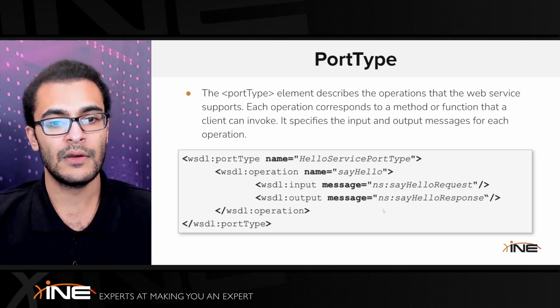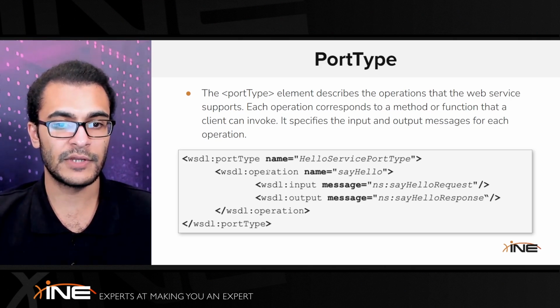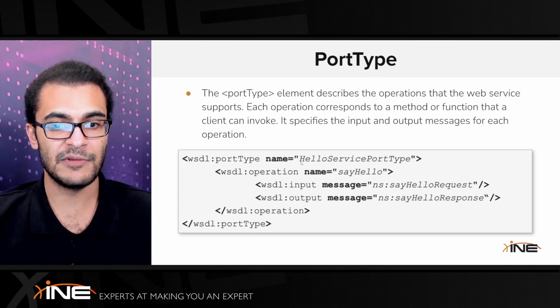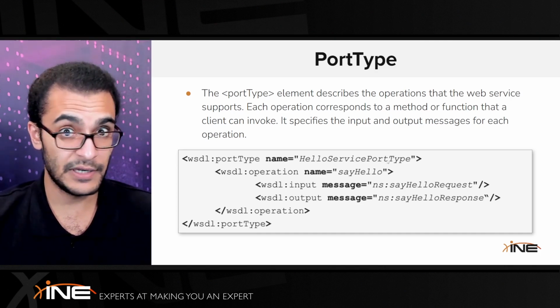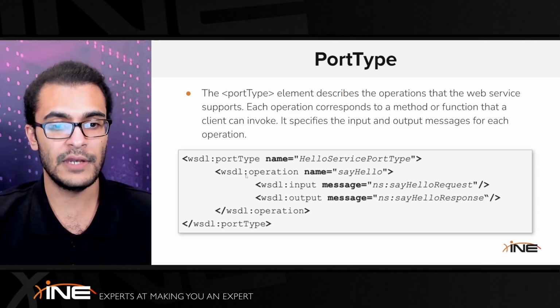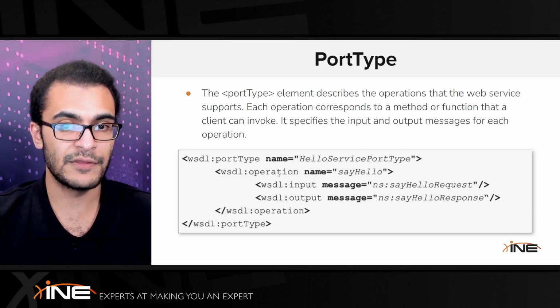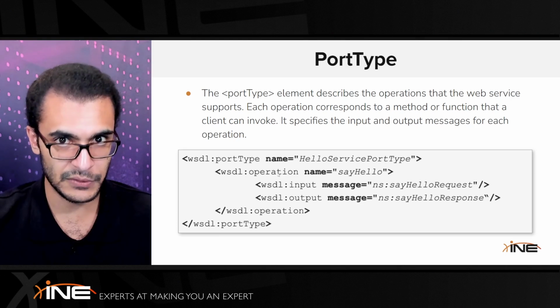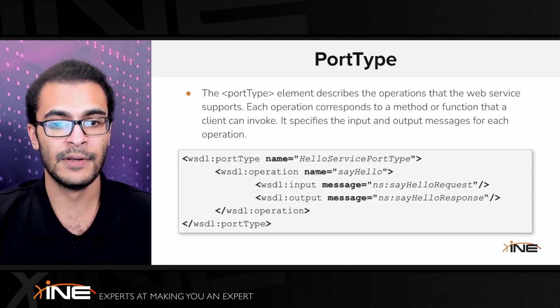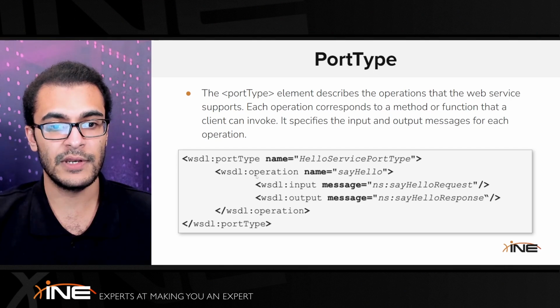So again, when specifying the port type element, you can see that in this case the name is set to HelloServicePortType. This is an example. Then you would define the operation name. Remember, methods are just operations, just additional layers of abstraction moving up. In this case, we are defining an operation.